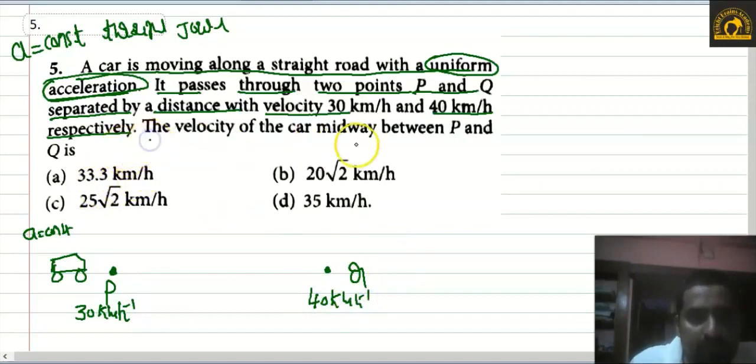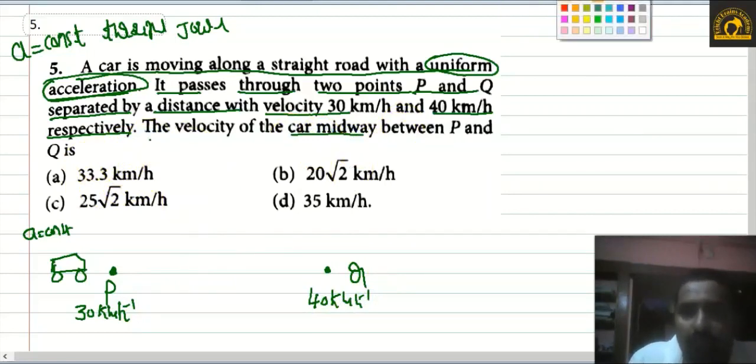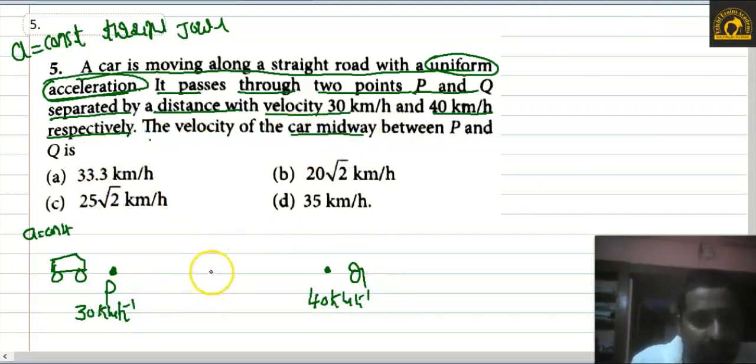What is the velocity of the car midway between P and Q? For example, R is the middle point.